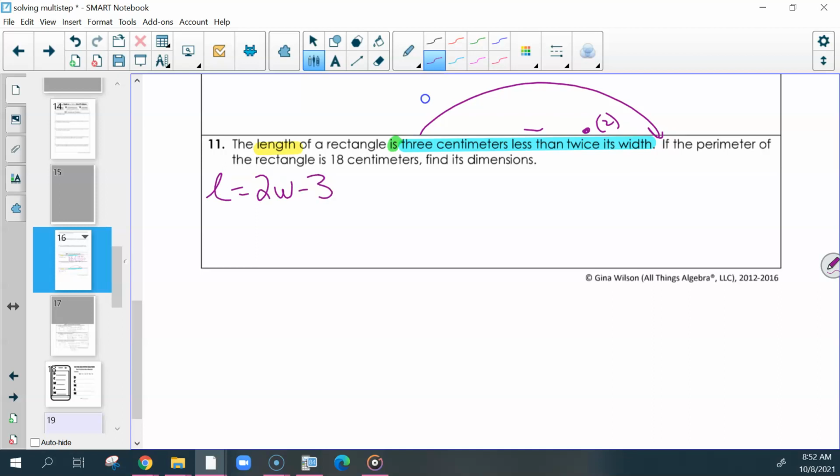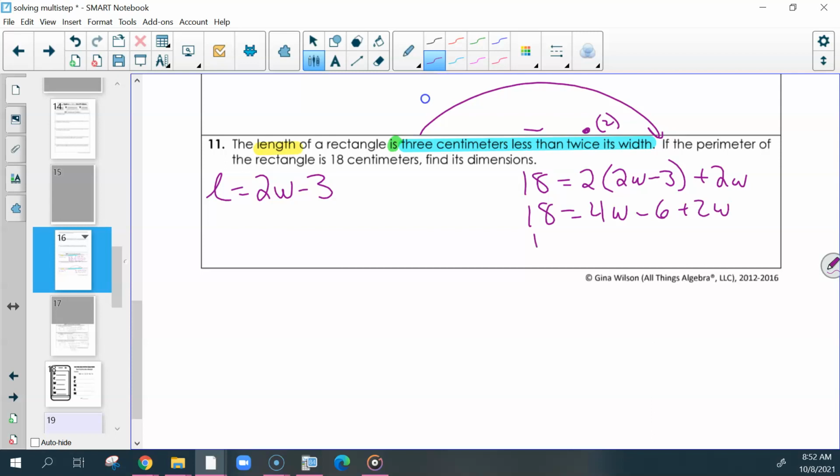And then we can put all of our information into the perimeter formula equation. So 18 equals 2 times our length plus 2 times our w. And solve. So this would be 4w minus 6.